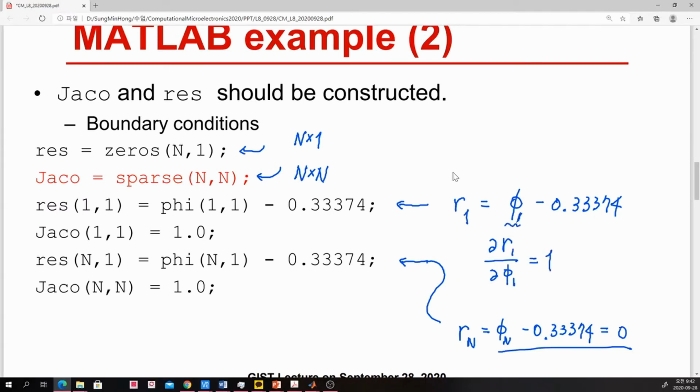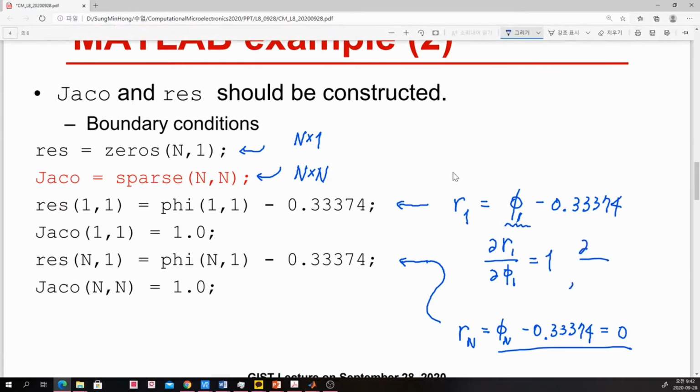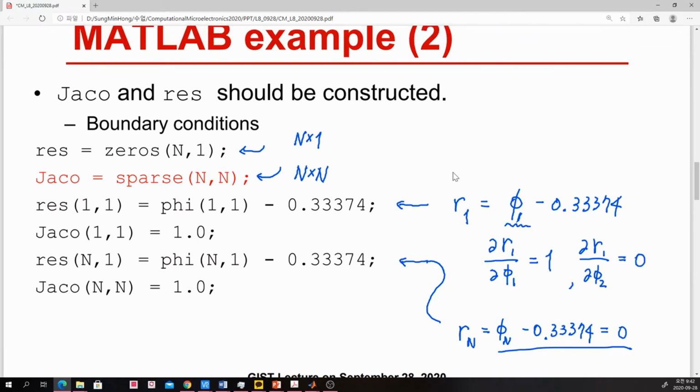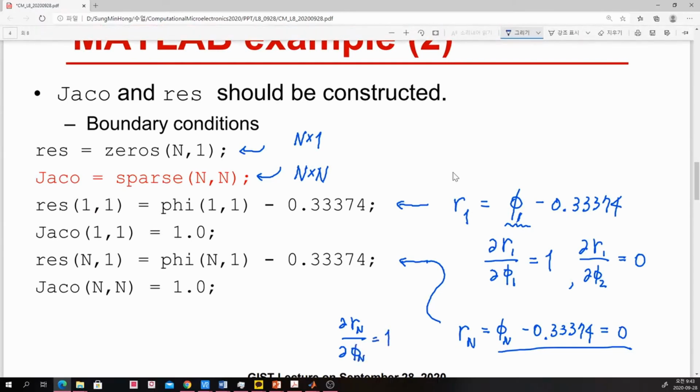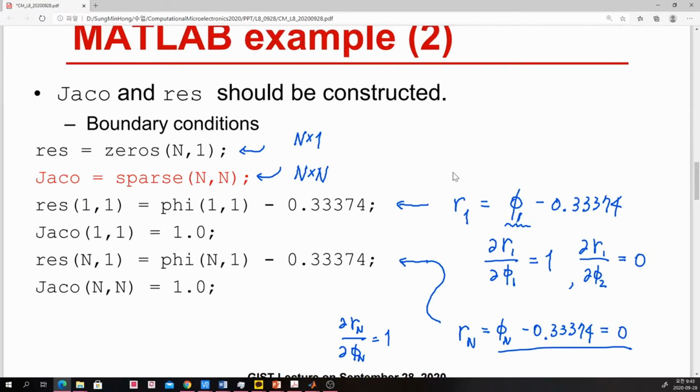So this one contributes the number 1, and all other components, R1 with respect to phi 2, 3, 4, 5, are identically 0. So the partial derivative of Rn over phi n gives us 1, and all other phi, like phi 1, phi 2, phi 3, will give us just 0.